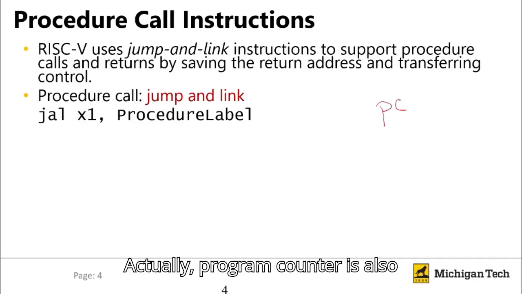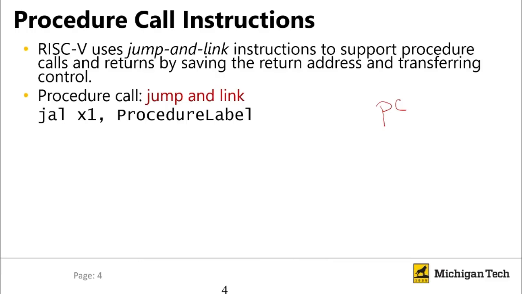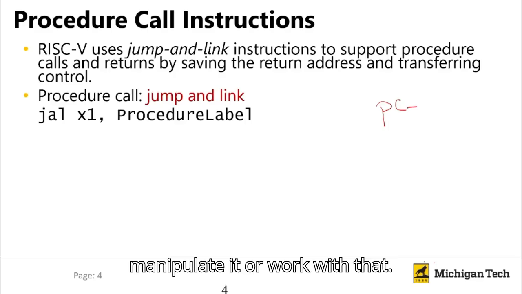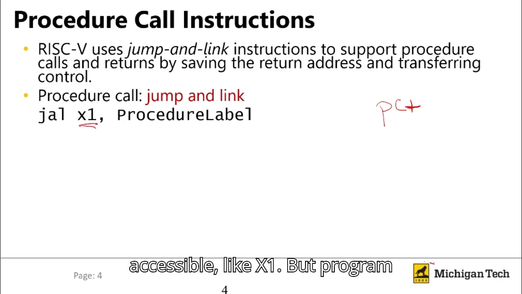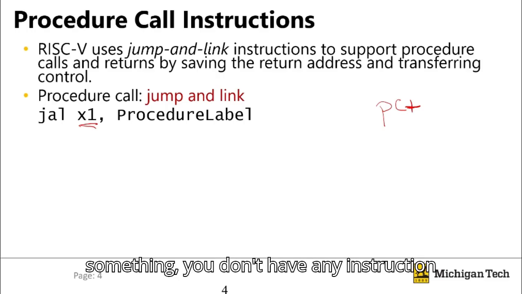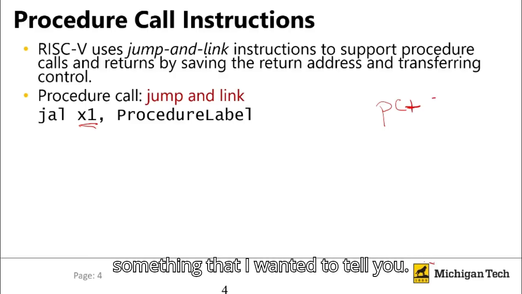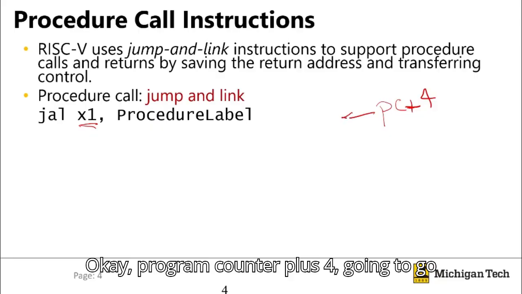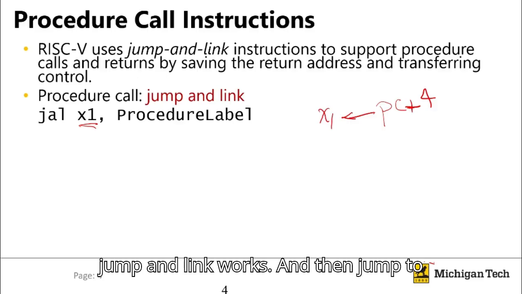The program counter is also a register that you are not allowed to manipulate. Some registers in RISC-V are accessible, like x1, but the program counter is not; you don't have any instruction to work with the program counter. That's something I wanted to tell you. Okay, program counter plus 4 is going to go to x1. This is how a jump and link works.